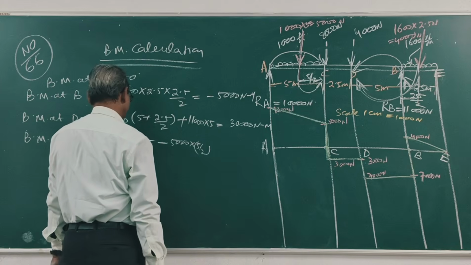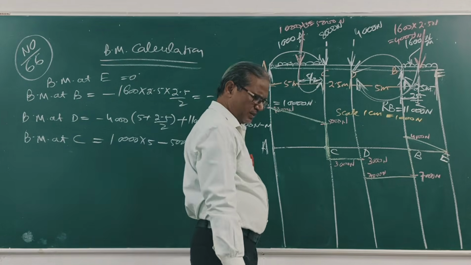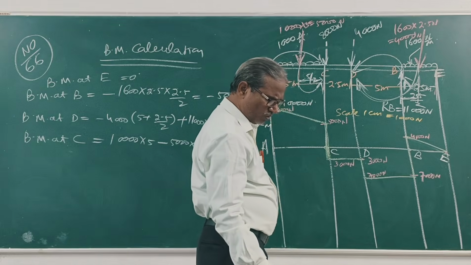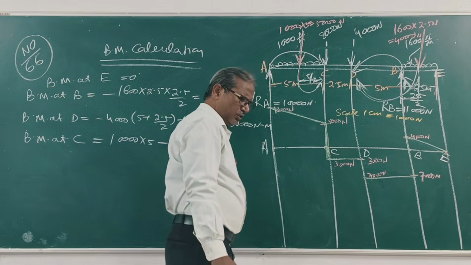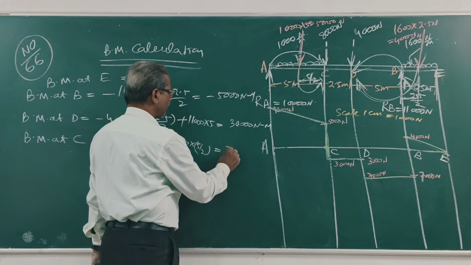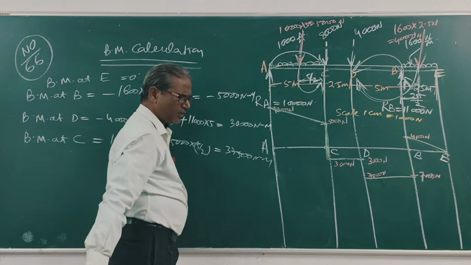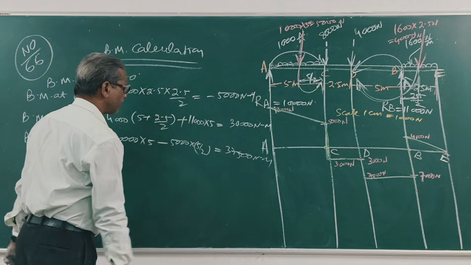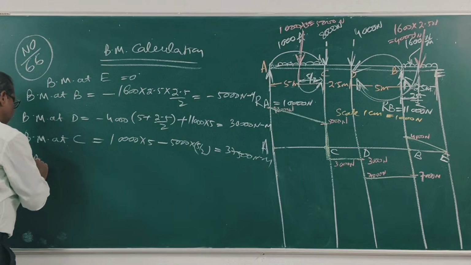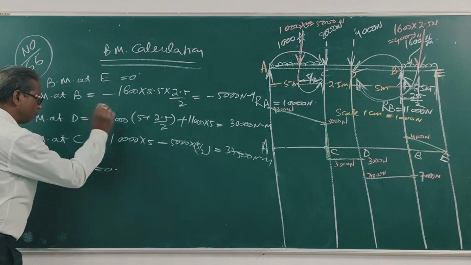This is at C. BM at C is equal to 37,500 Newton meter. At A, BM is equal to 0.